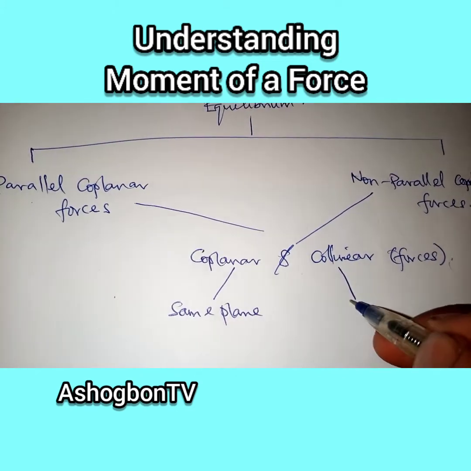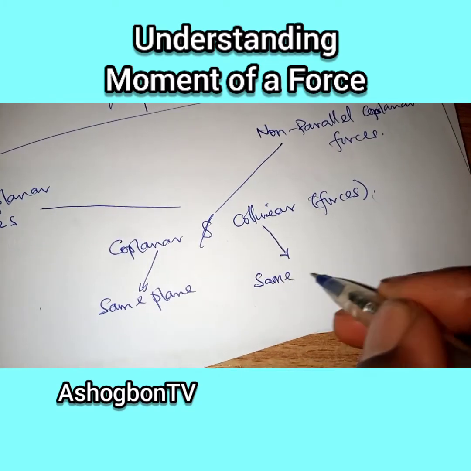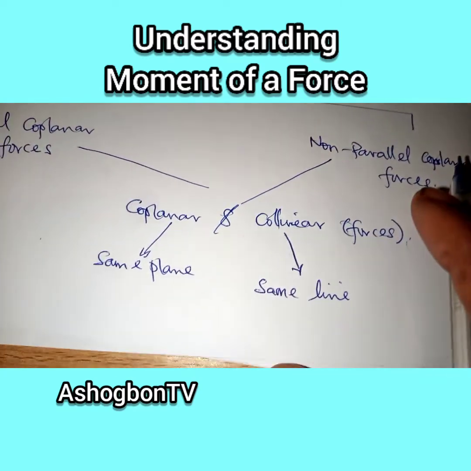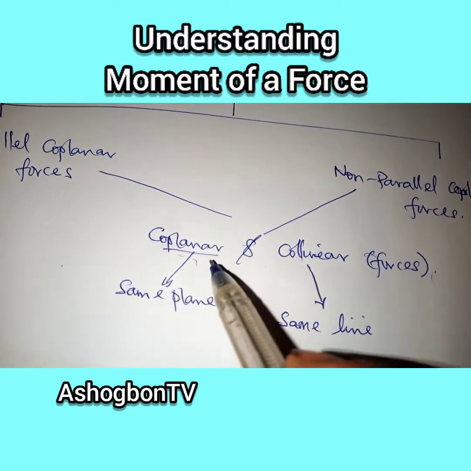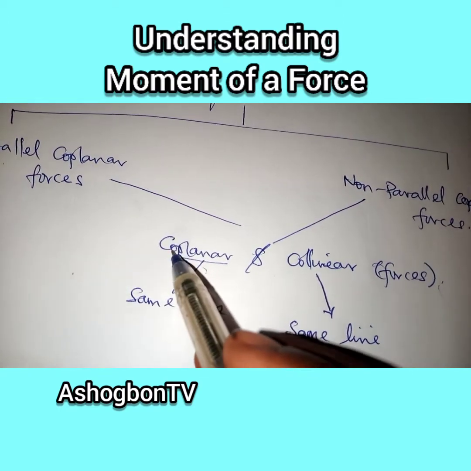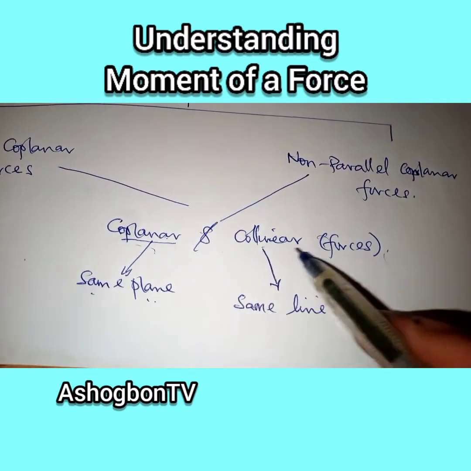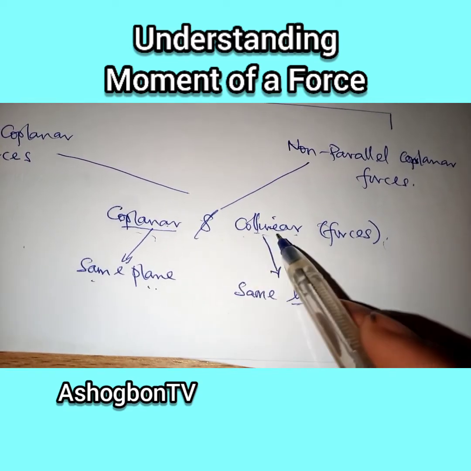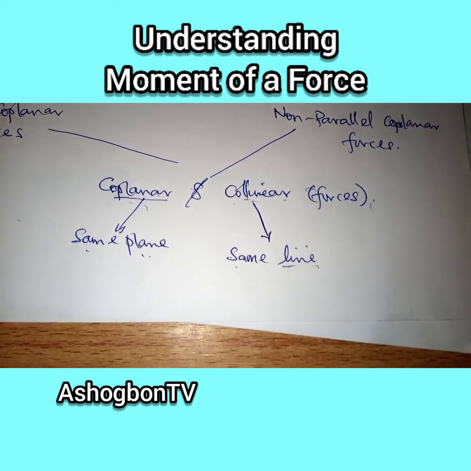And when you say collinear, you're talking about forces acting in the same line. Now, there is nothing to be confused about. Look at this word planar. From the word planar, I can bring out the word plane. So coplanar forces means same plane. When you say collinear, from the word linear, we bring out the word line. So collinear forces are forces acting on the same line.